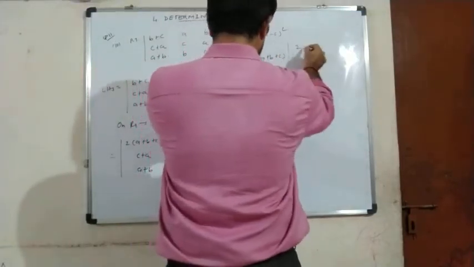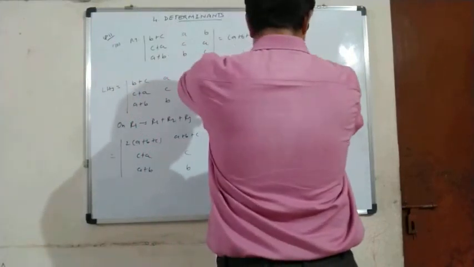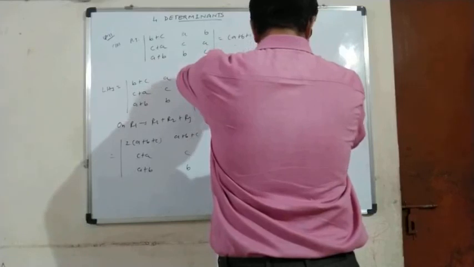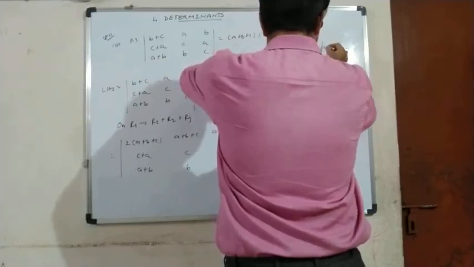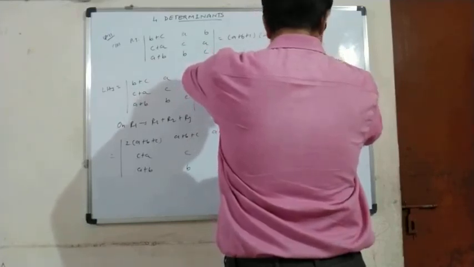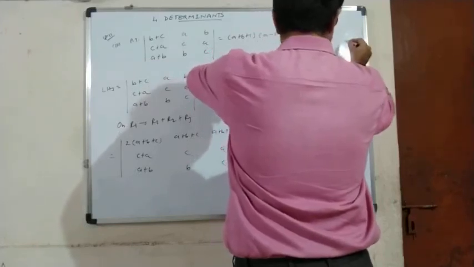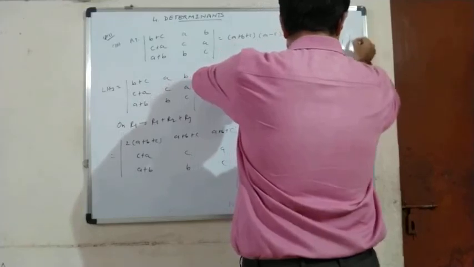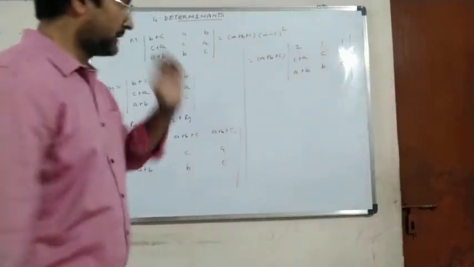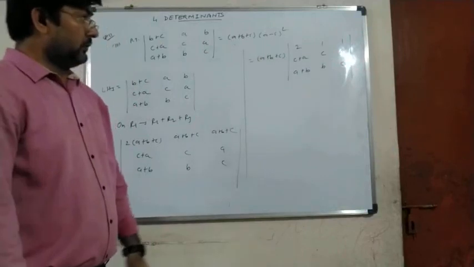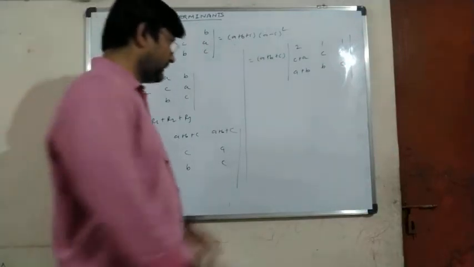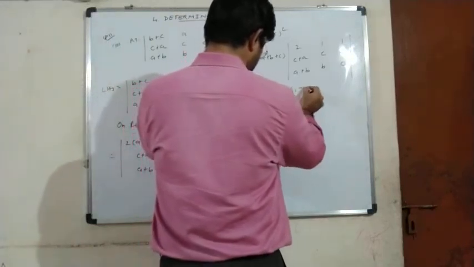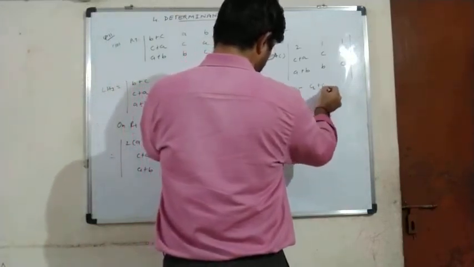So we are left with 2, 1, 1, C, B and 1, A, C. Clear? Now further simplification on C1 minus C2 plus C3 I will do.